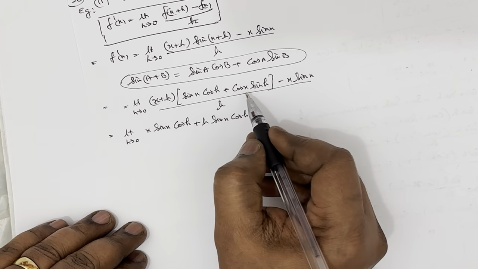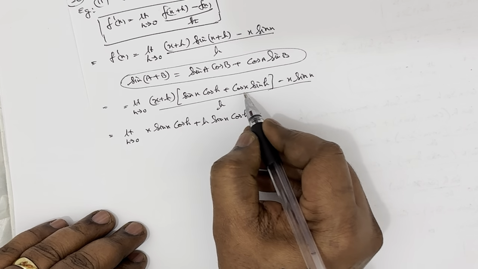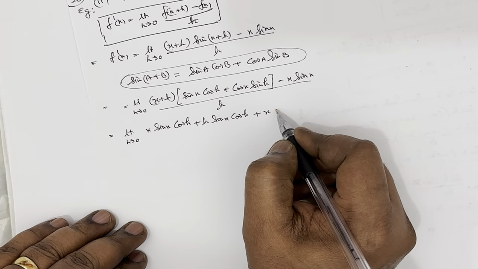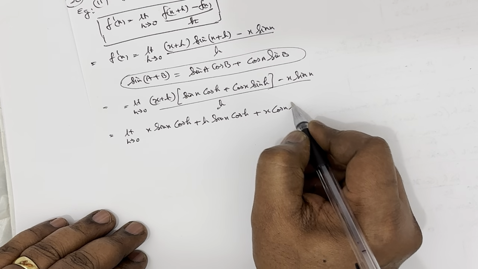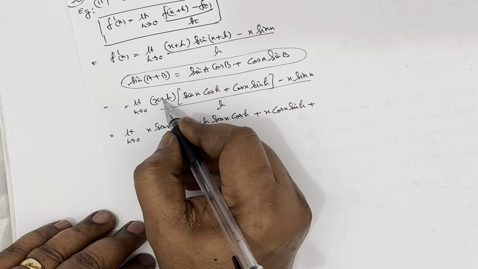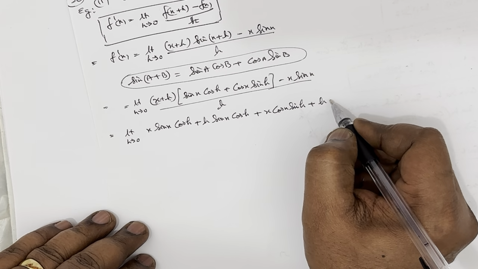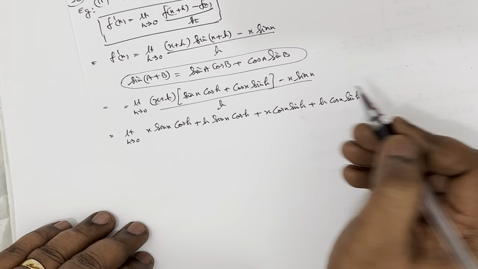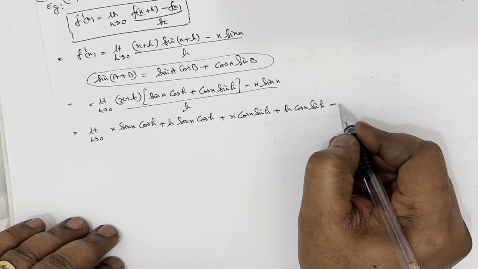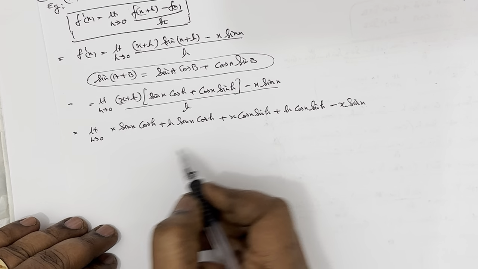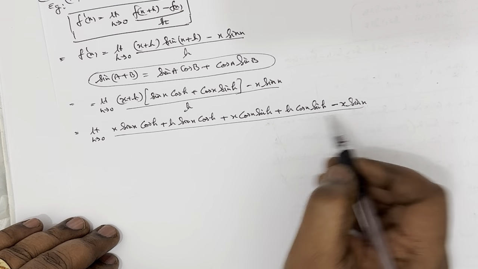Okay, so this is finished. Now let's take plus cos x sine h with x, so it will be x cos x sine h, plus now h cos x sine h. Okay, so now the remaining minus x sine x, whole upon h.